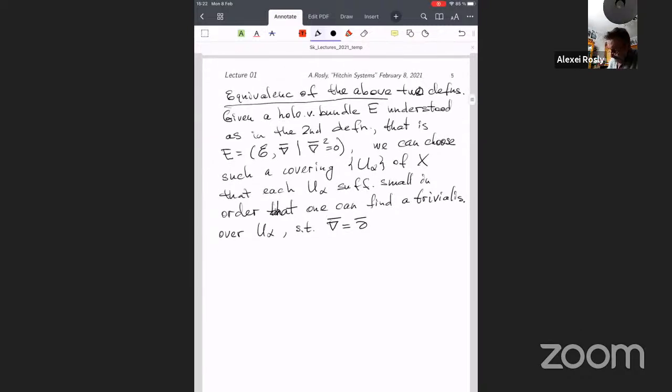Let me make a remark here, probably. Let me first finish. Then one can see that the transition functions, with this choice of trivializations, become holomorphic.